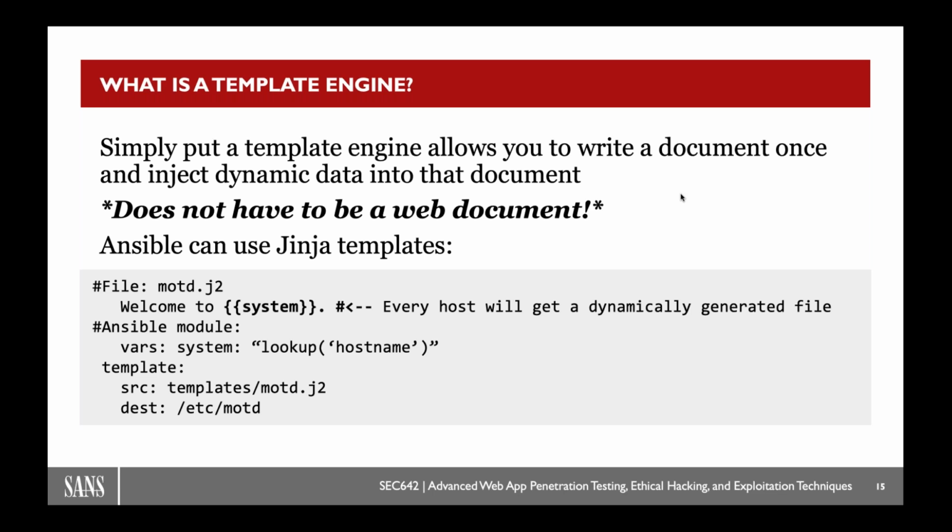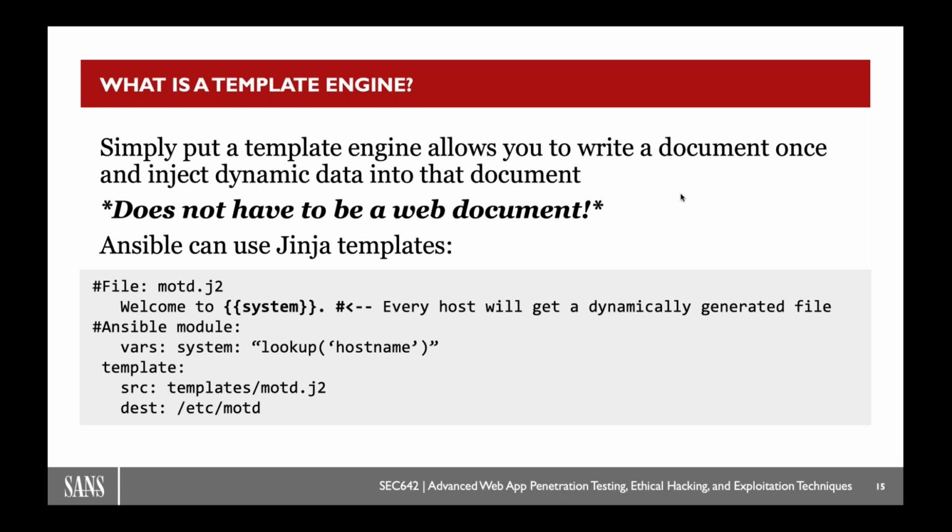But it just so happens that Ansible, having been written in Python, takes advantage of the Jinja template engine. Instead of using it for websites, they use it to actually change the actual files on the systems dynamically.